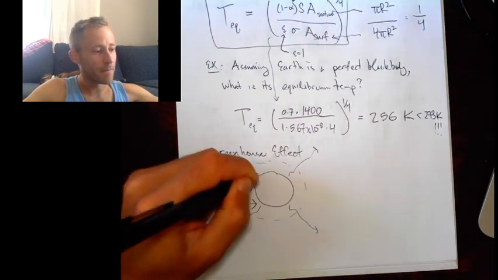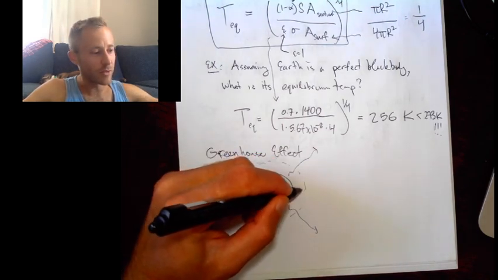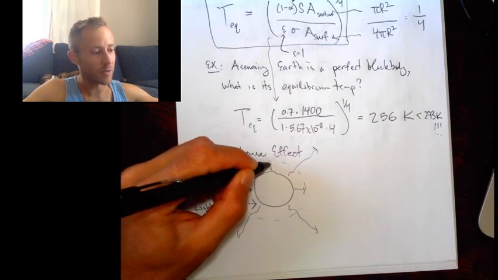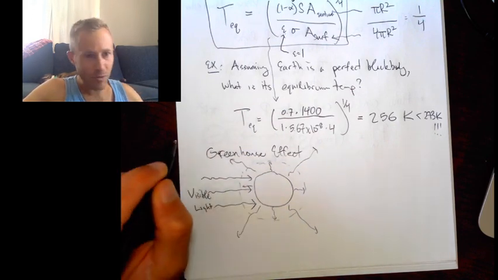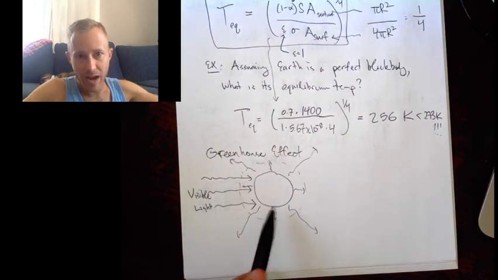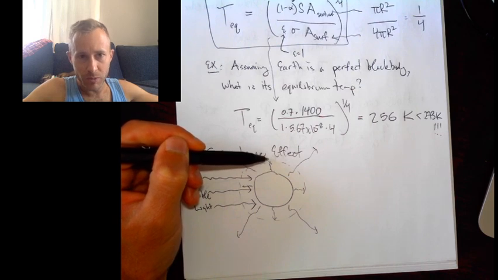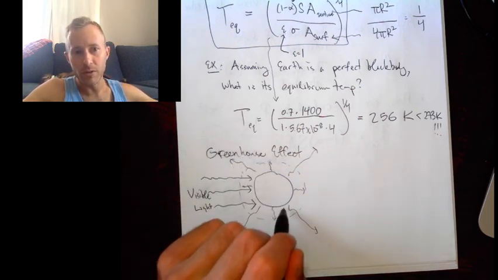But here's the thing. Some of the light that comes out of the Earth is blocked by the atmosphere. Why is that? How come the light that goes in is allowed to pass through the atmosphere, but some of the light that goes out gets blocked? The reason is the Earth is cooler than the sun.